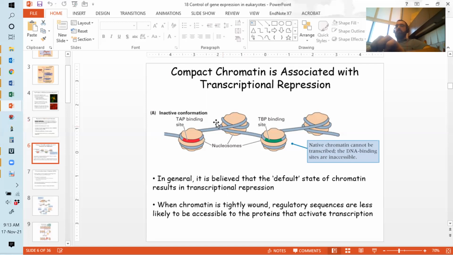The reason that transcription is off is that these bits of DNA that are important for beginning transcription, the TATA box binding protein site, which brings in RNA polymerase, and the transcriptional activator protein site, which helps activate the transcription complex, if these aren't physically available, transcription cannot start.